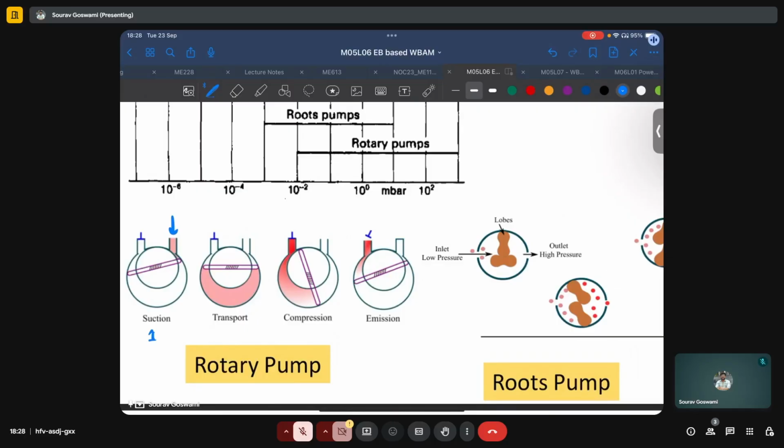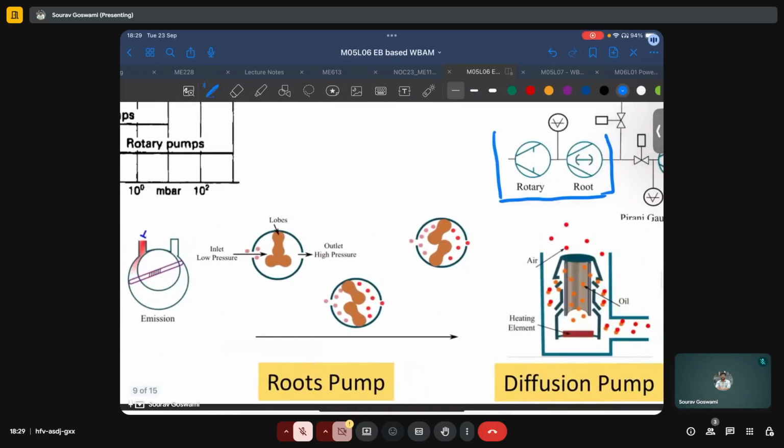Then, based on this spring-loaded lever, it transports this air to the interior of the chamber. Then it is further compressed, and because of this compression, pressure builds up on this other valve, which was closed in all of these previous stages. And upon the buildup of sufficient pressure, the air is emitted out from this exhaust valve.